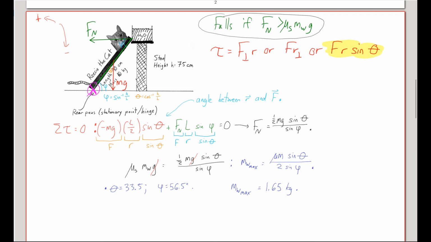So this tells me that Reci can tip over a heavier cup of water if he is heavier himself. This tells me that he can tip over a heavier cup of water if he is leaning on it harder, because of the angles. You can kind of think about how those go.